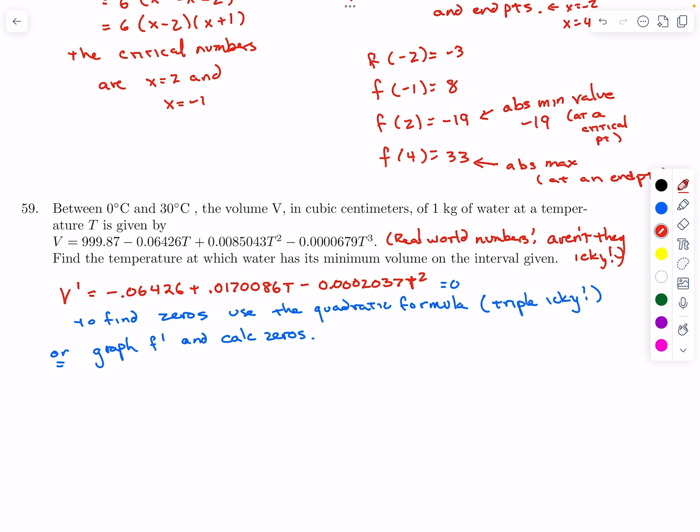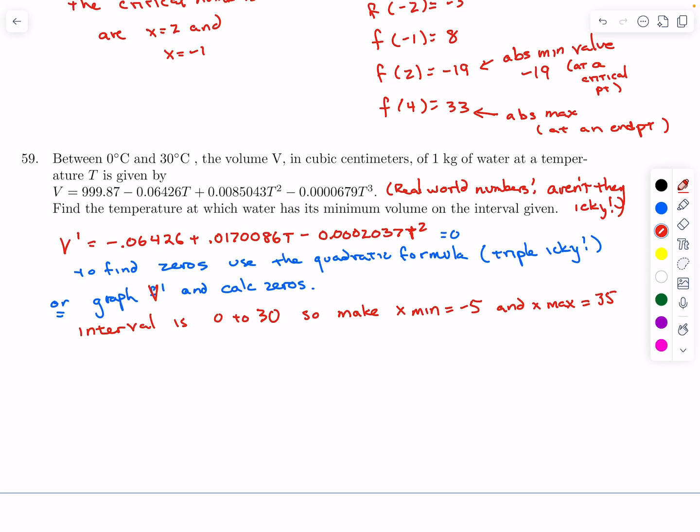Okay, so we're going to graph this and do calc zeros. This is V prime. Notice the interval is 0 to 30. So just so you can make sure you see it, we'll put x min and x max a little outside that interval. We also need to see small numbers.